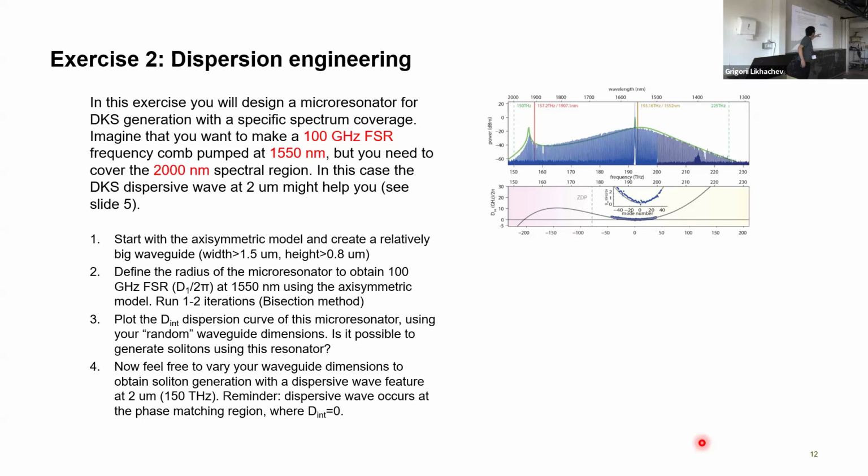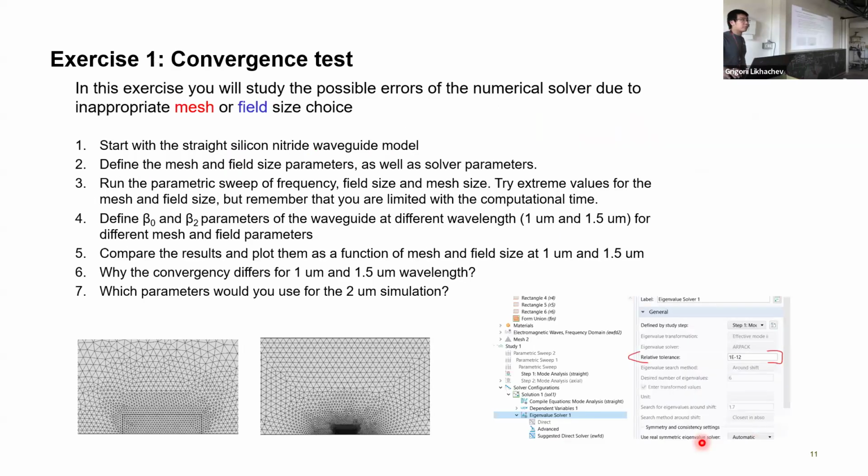Basically, by doing this, you will need to have the right dispersion profile across a wide range of wavelengths, and you will need to know beta 2 and beta 3. I think I also shared the files, so you guys can already get started. I'll be happy to help with any questions.